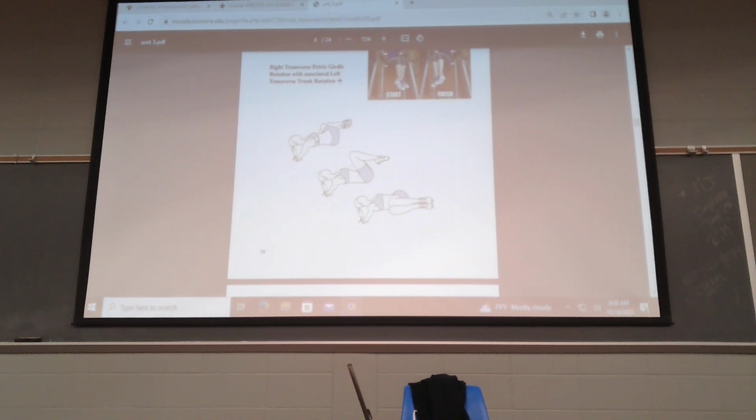And I would like for you to tell me the motion at the pelvis and the trunk. I'm telling you there's pelvic girdle rotation, and I'm also telling you there's trunk rotation. So let's see if we can figure out with clues which one is that. Don't answer it out loud. You can whisper and talk to your neighbors, but I want everybody to have a chance to do this.